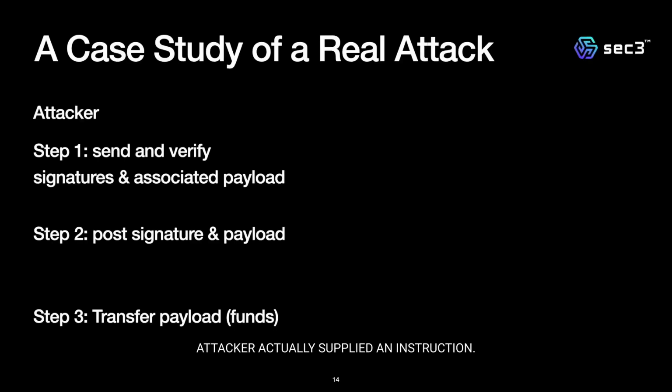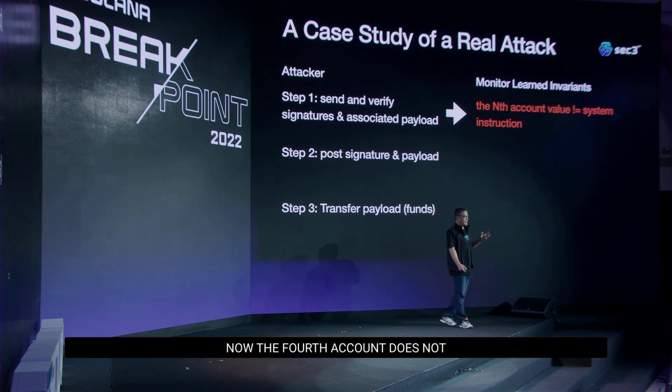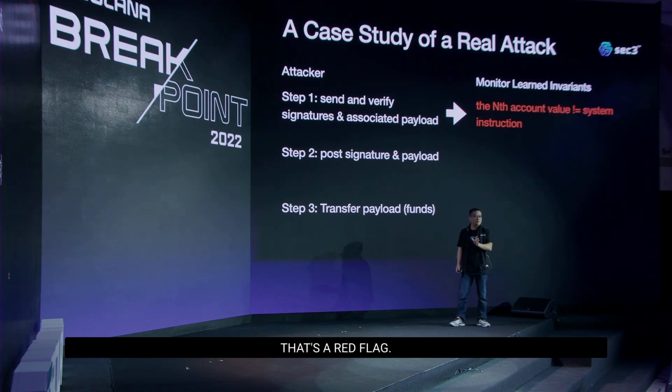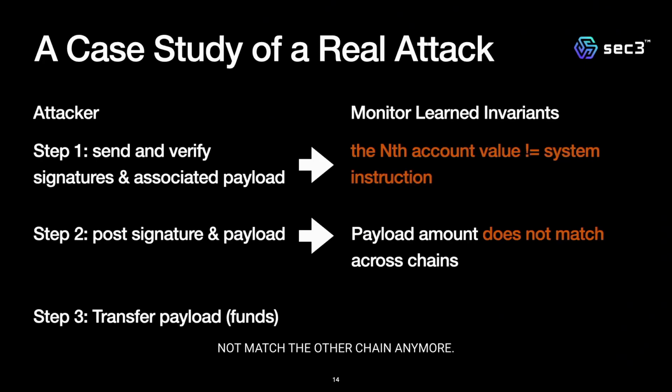The attacker actually supplies the instruction, replaces that system account pointer, and points to a smart contract the attacker launched. So in each of those steps, the monitor finds that the force account no longer points to a system account. That's a big no-no. That's a red flag. And then the value submitted no longer matches the other chain.